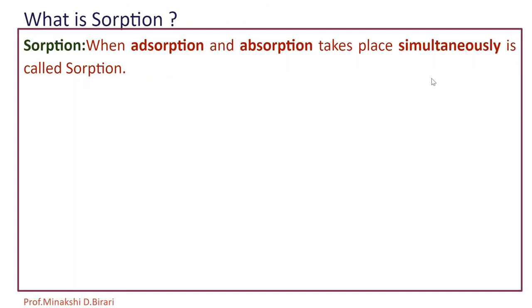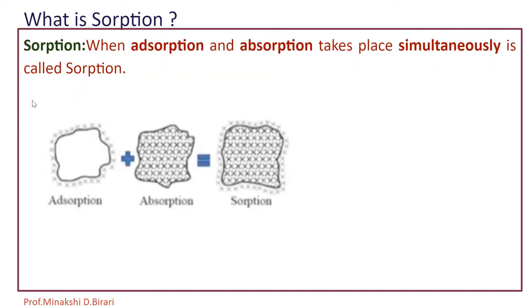When doubt exists as to whether a process is a true adsorption or absorption, McBain proposed the term sorption for the combined effect of the processes. So what is sorption? It is the combined effect of the processes of adsorption and absorption. In the absorption process, the substance does not only remain at the surface, but is distributed throughout the body.